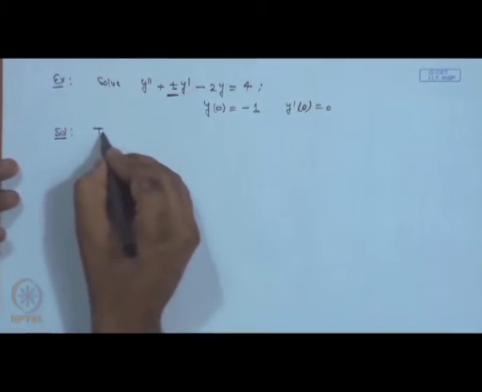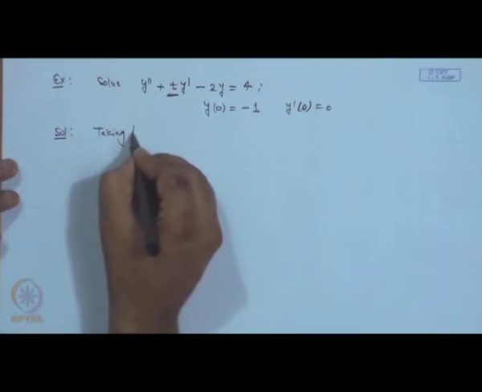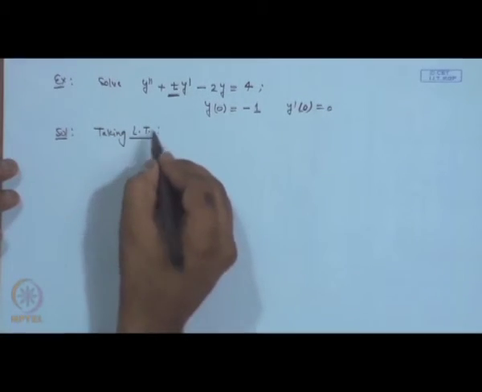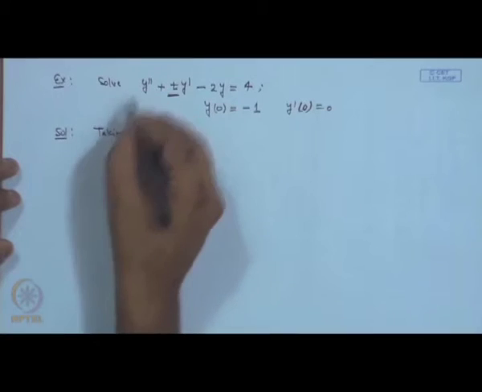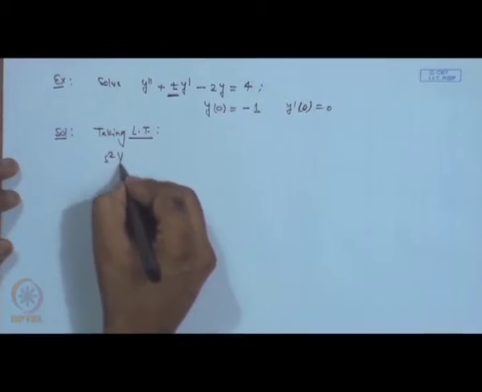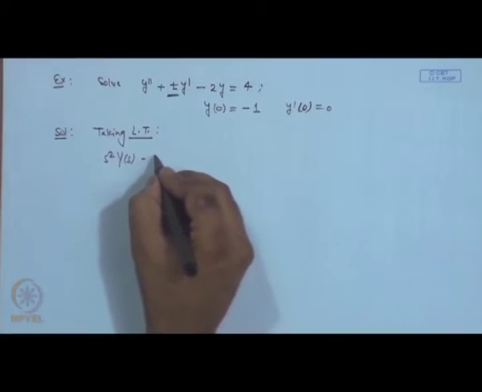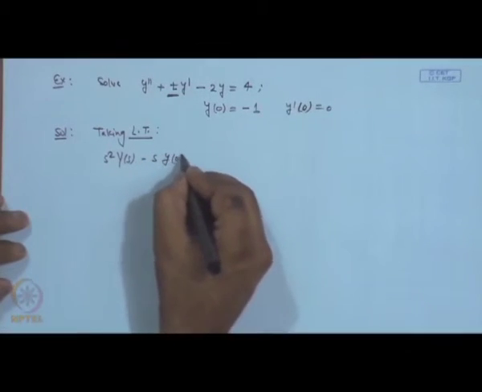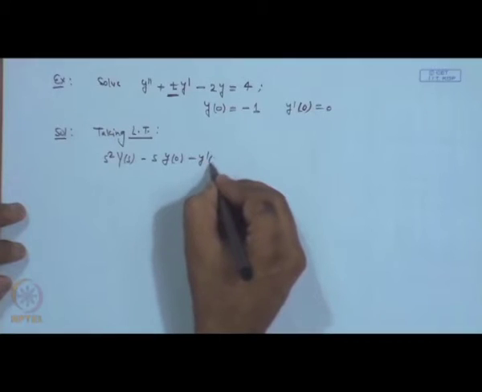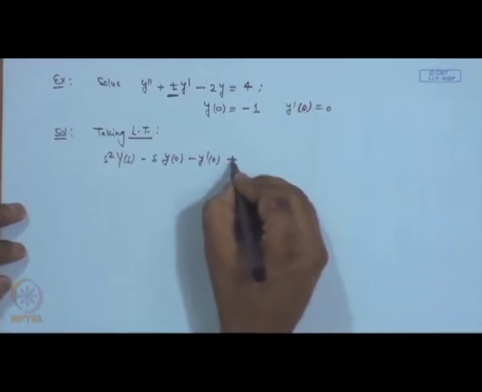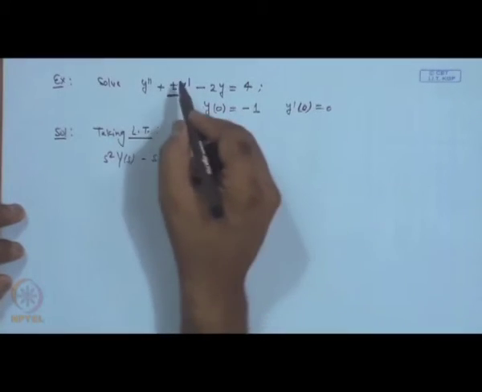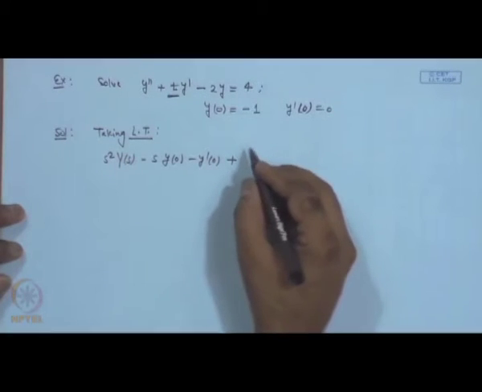So, taking the Laplace transform on both sides, what we get here is s square Y(s), the Laplace transform of y, minus s y(0) minus y prime(0) plus the Laplace transform of t y prime.